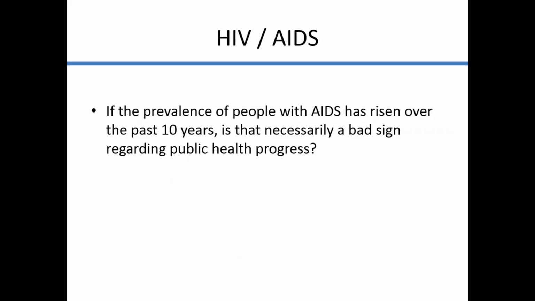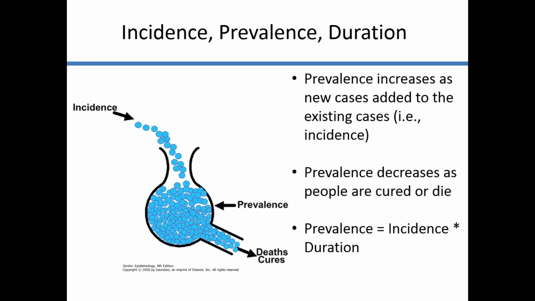So here's another sort of tricky question. If the prevalence of people with AIDS in this country has risen over the past 10 years, is that necessarily a bad sign regarding public health progress? So if the prevalence of AIDS has risen, well, you would think yes, but not necessarily. The incidence could have actually gone down.